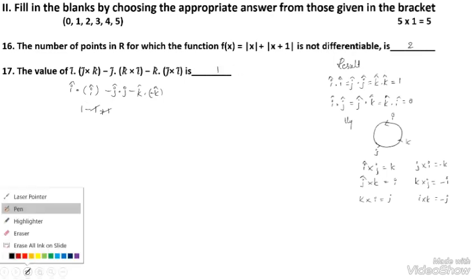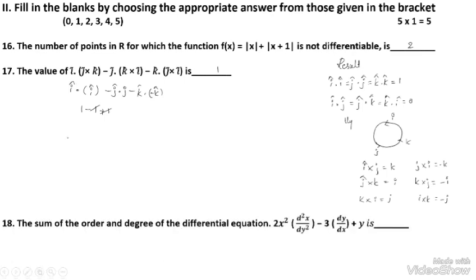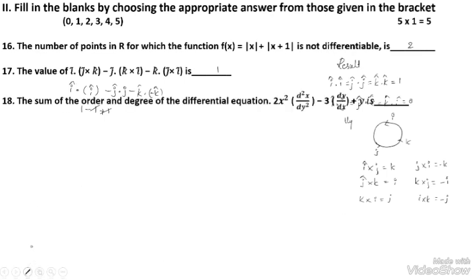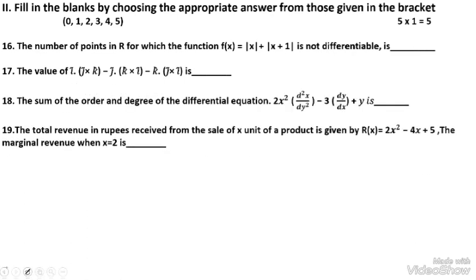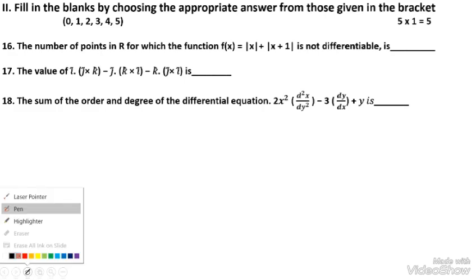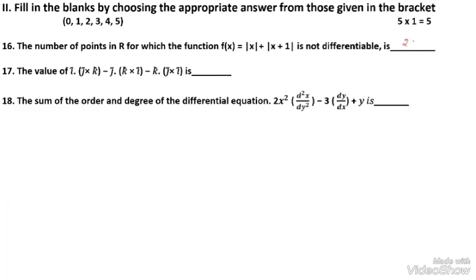Let's move on to the next one. Here there is question 18. The sum of the order and degree of the differential equation. Here they have given a differential equation.